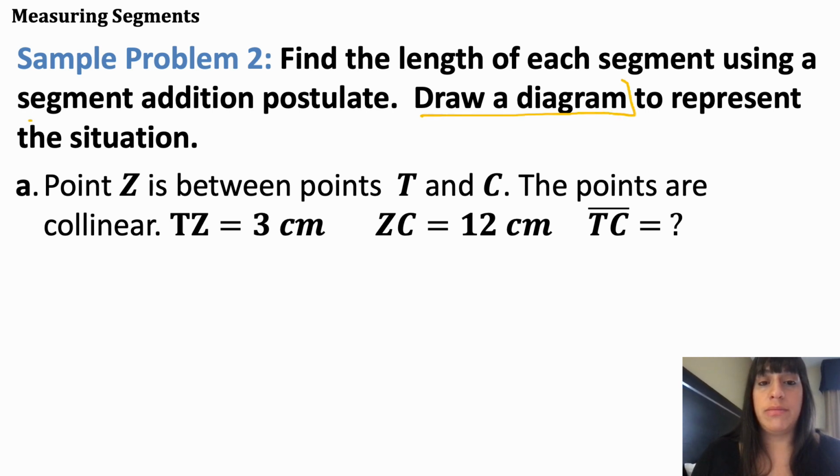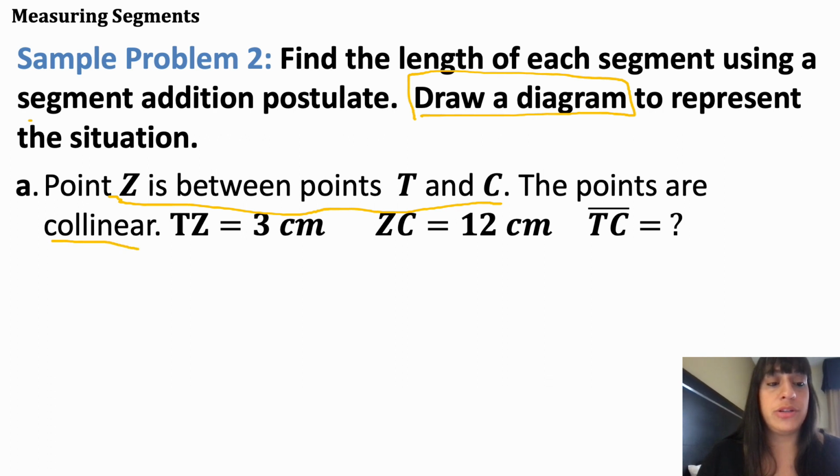Draw a diagram. Or draw a picture to show this. So step 1 is to draw a picture. Point Z is between T and C. They are collinear. So step 1 is to draw a line. Z is in the middle somewhere.